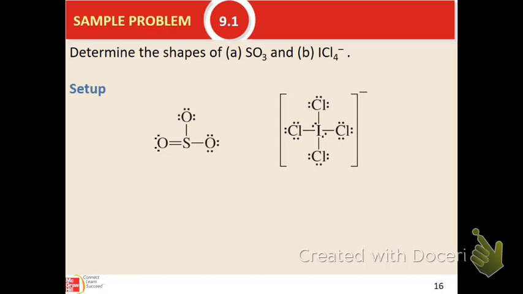Now please let's talk about how many electron domains we have in the sulfur trioxide. In the sulfur trioxide you have 3 bonds. One of them is a double and 2 single bonds around your central atom, and no unshared pairs of electrons at all. So you have 3 domains.